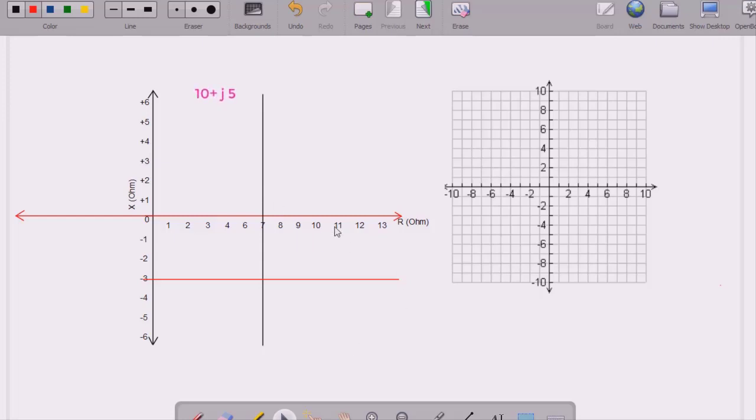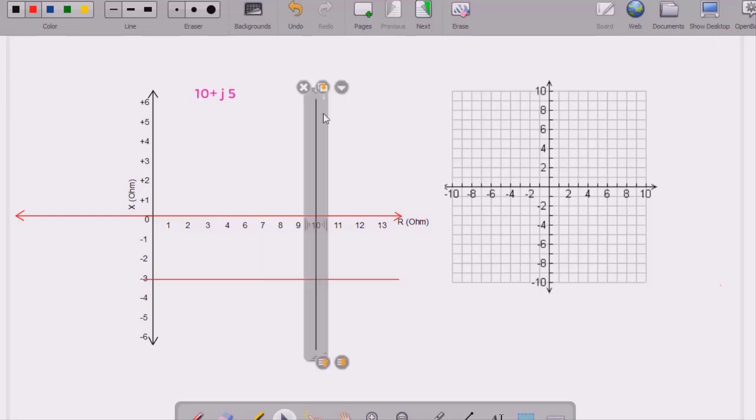Since we are interested in the resistance of 10 ohm, I will move this vertical line and place it at 10. Now this vertical line represents a resistance of 10 ohm, and since you can move along this line, the reactance is varying, but we are interested in a fixed value of reactance also, and that is nothing but 5 ohm.